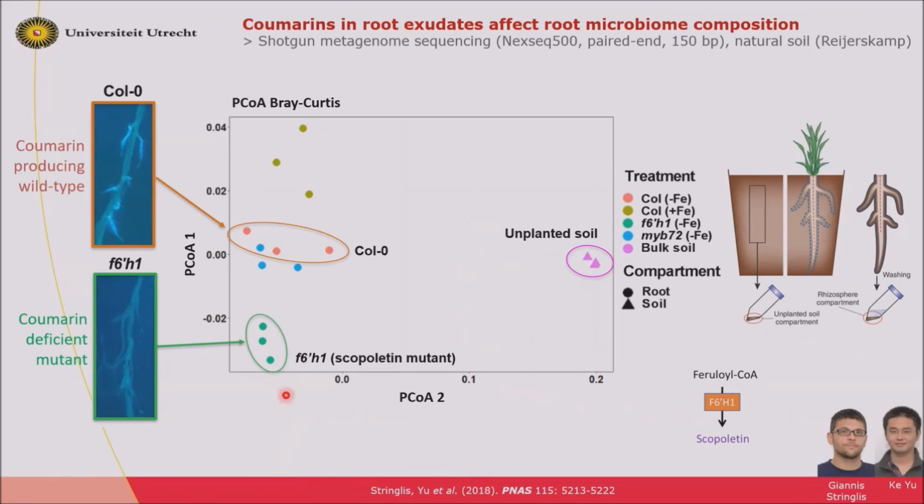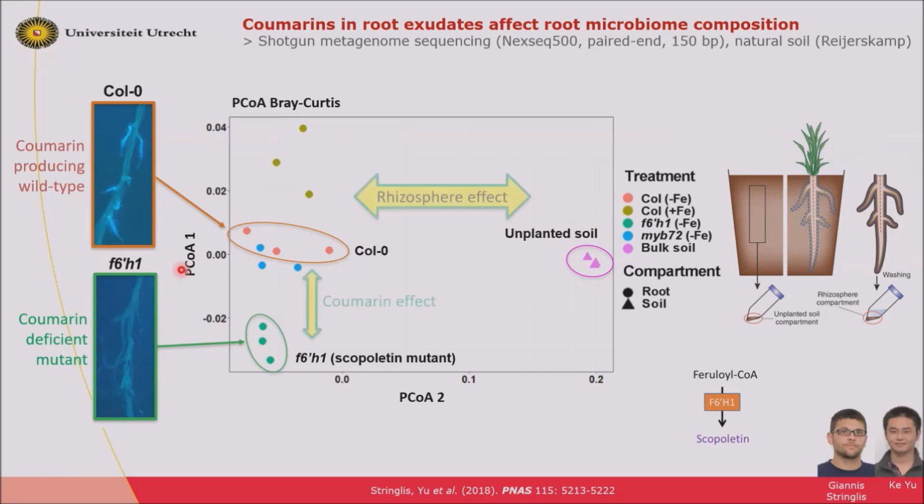Well, this is again a microbiome experiment in which we looked at the microbial community in the bulk soil, in the unplanted soil. We looked at the microbial community in the rhizosphere of roots that produce coumarins, like in this wild type plant. And we looked at the microbial community in the rhizosphere of plants that do not produce coumarins, such as this coumarin biosynthesis mutant F6H1.